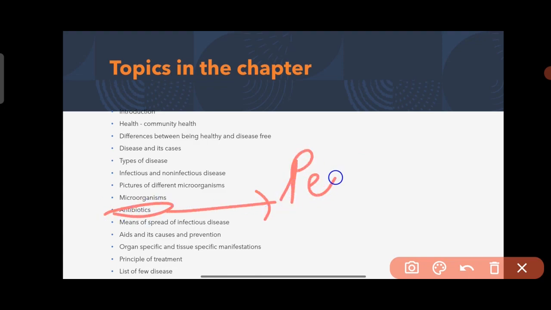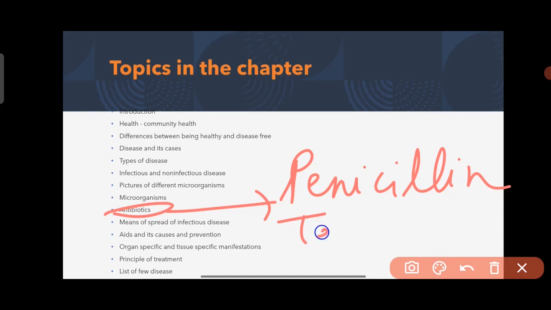Antibiotics: penicillin. Next, it's tetracycline. These two are the major antibiotics which we use, and we'll study further in the upcoming topics.